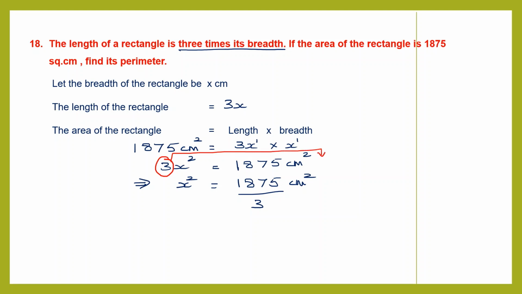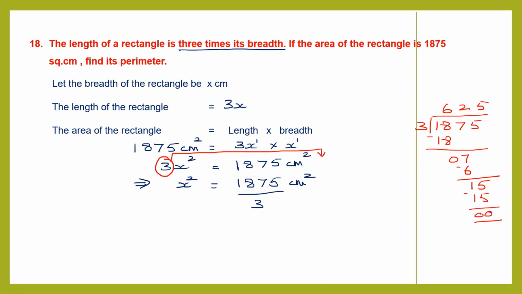So now let's divide 1875 by 3. 3 sixes are 18, minus, I bring down 7, 3 twos are 6, minus, 1 and 5, 3 fives are 15, minus. So I've got 625.